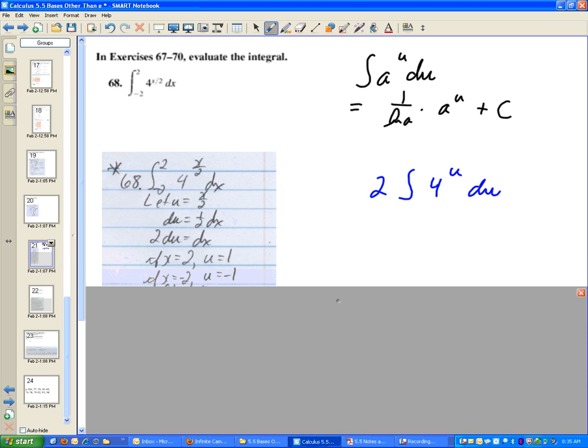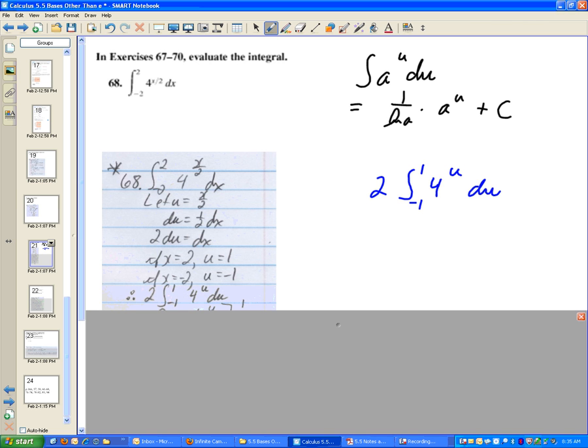If x equals negative 2, u equals negative 2 over 2, which is negative 1. So, if we change our limits of integration, I think we're good now, aren't we? So, we make our substitution. So we get 2 times the integral from negative 1 to 1 of 4 to the u du.